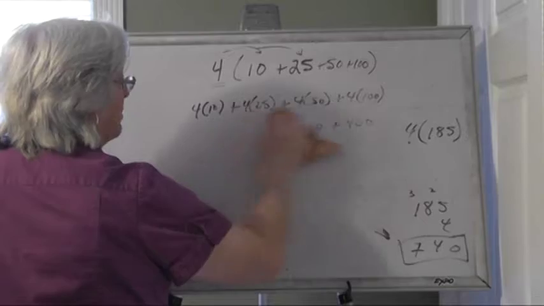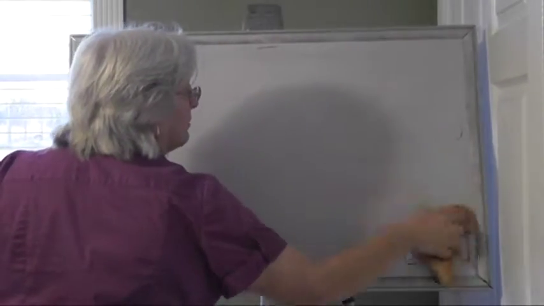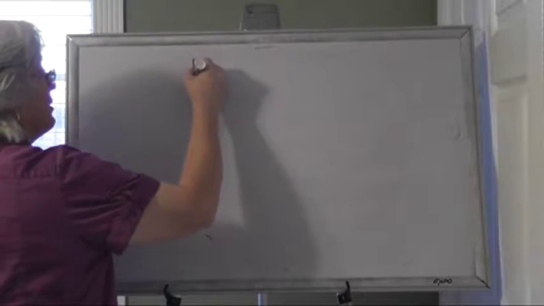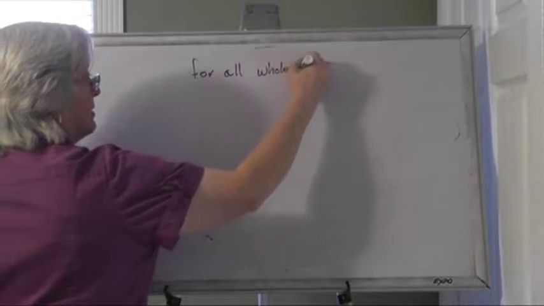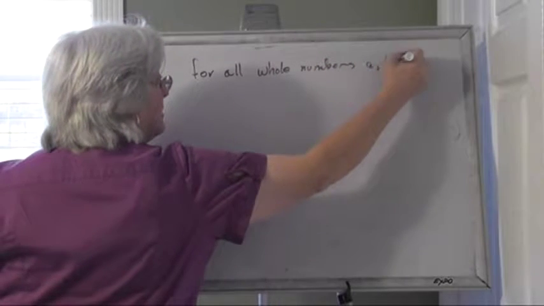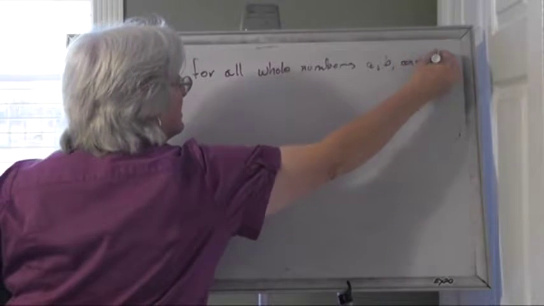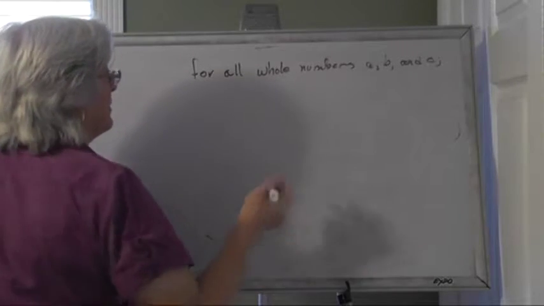Am I going to expect you to say distributive property of multiplication over addition? No, but you have to be able to know that it's the distributive property. And what this says in the language of algebra is for all whole numbers A, B, and C. In other words, what they're doing is they're giving us a general rule here that we can follow.